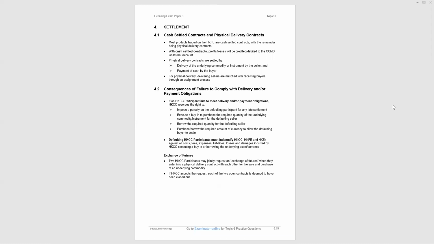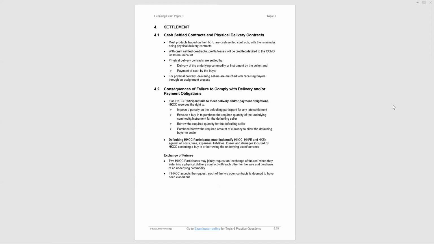If you are a defaulting clearinghouse participant, you've got to indemnify the clearinghouse, futures exchange, Hong Kong Exchange against all costs and fees. In other words, you've got to pay them if you're defaulting. You've got to pay any costs that these parties incur.